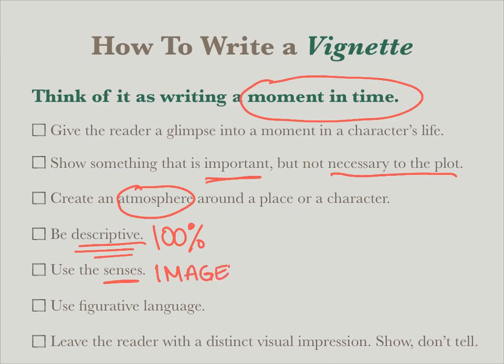You guys have all had the opportunity to do our figurative language family assignment, and so you have a fairly good understanding of what imagery is, but it's essentially where you use all of your different senses to explain or describe what's going on in the scene. Okay, use figurative language. This is where you get into your similes and your metaphors and your personification.